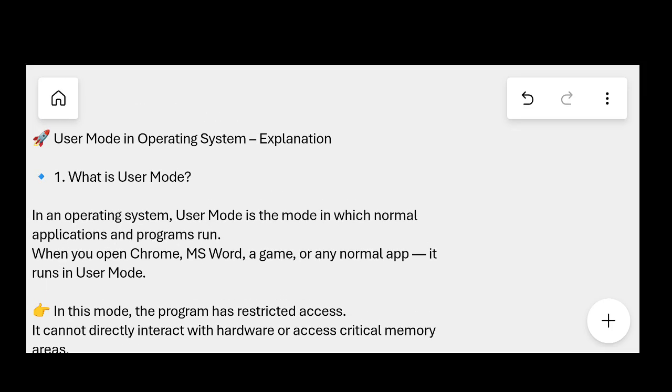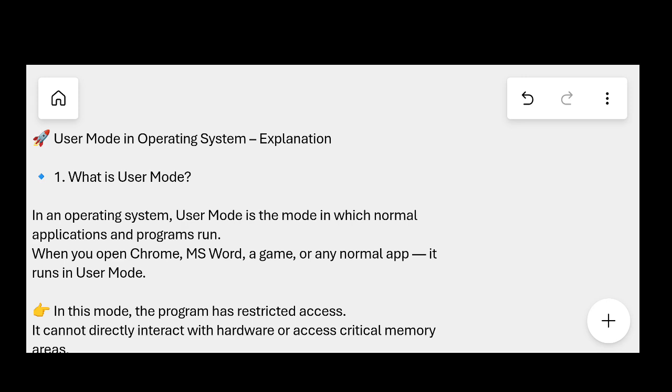So let's start with the basic definition. User mode is the mode in which all normal applications and programs run. Whenever you open Chrome, Microsoft Word, a game, or any app on your computer, it is running in user mode. In this mode the program has restricted access.